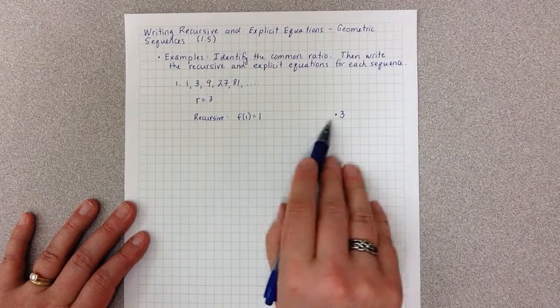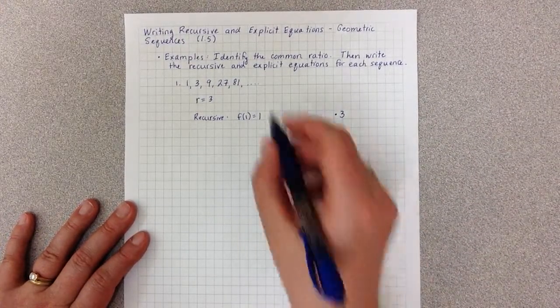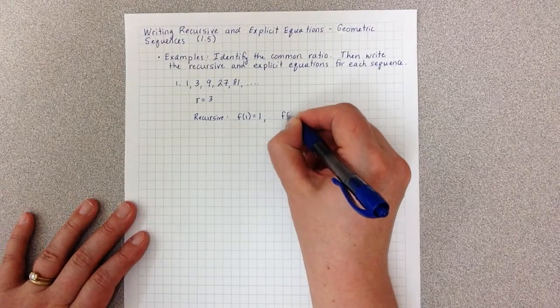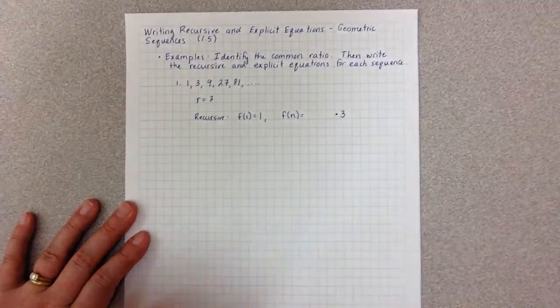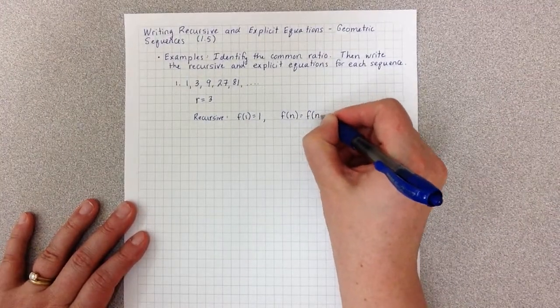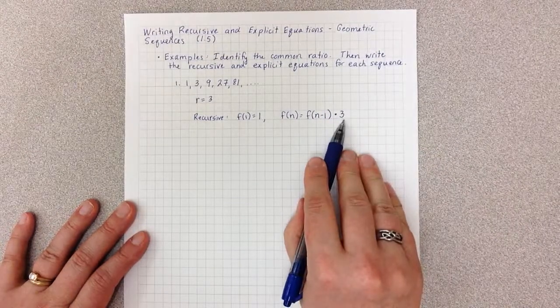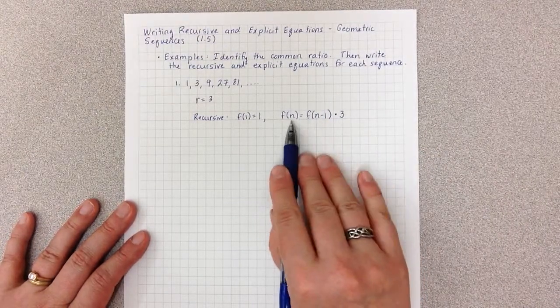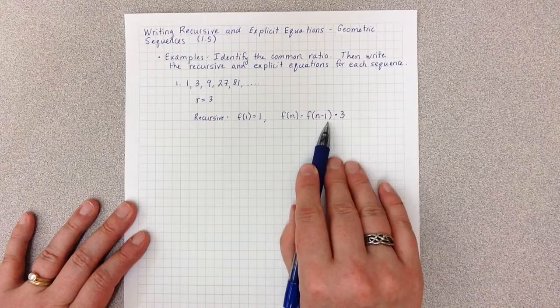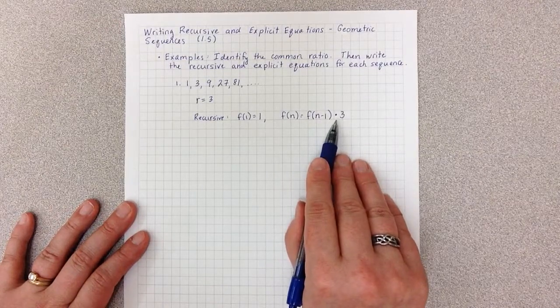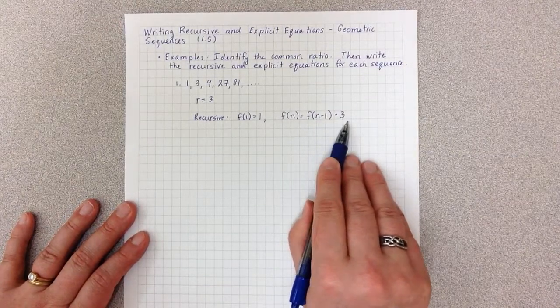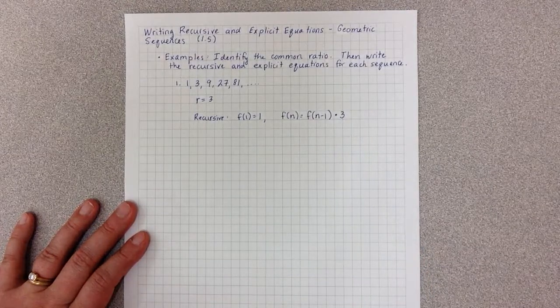So then I just have to fill in that funky looking notation. And that notation says f of n, the current term, equals the previous times 3. Again, this notation right here does not change from problem to problem. What I'm saying I'm doing next to get to the next term is what changes from problem to problem.